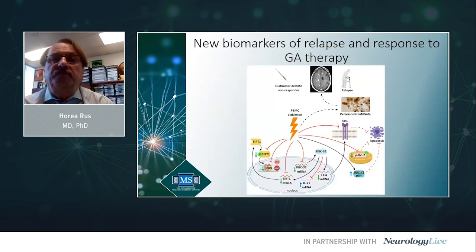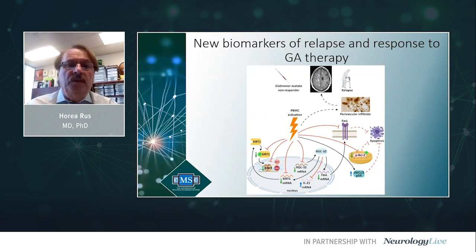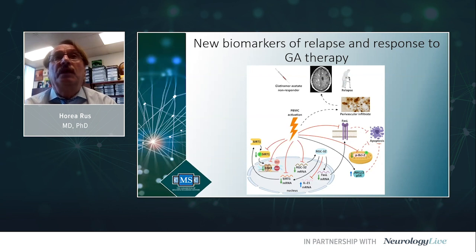This drawing just tries to illustrate that we are able to show that at least RGC32, Fas ligand, and IL-21 are possible good biomarkers for predicting disease activity and response to therapy.